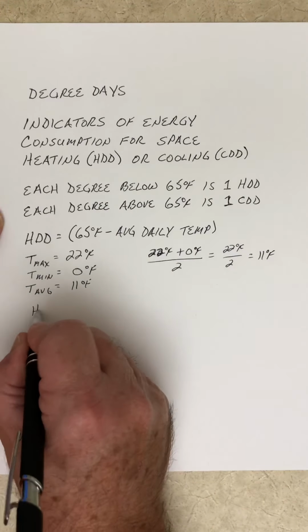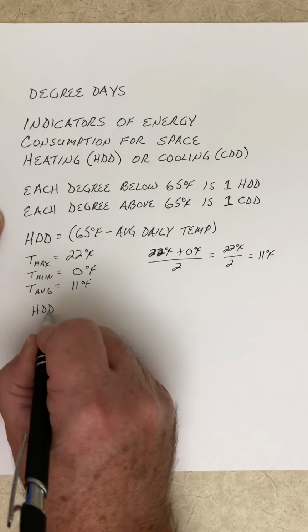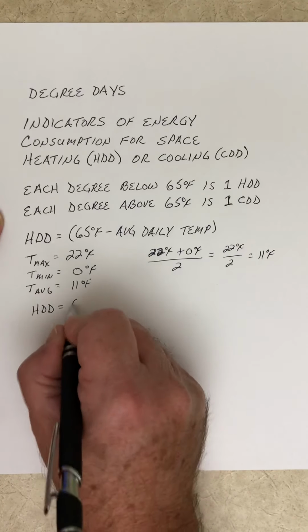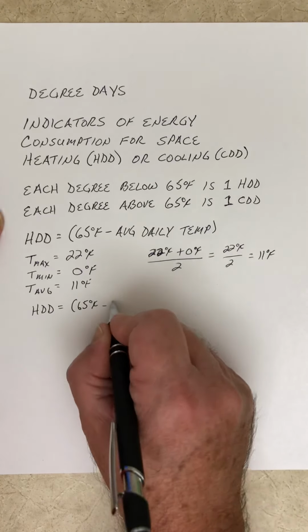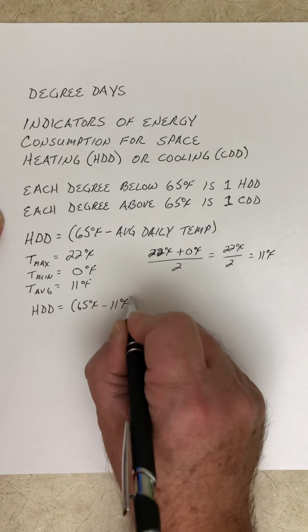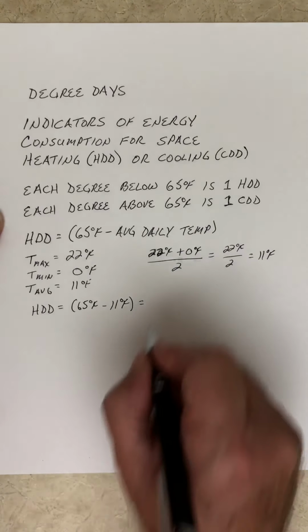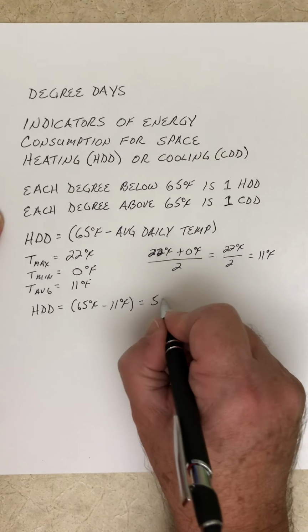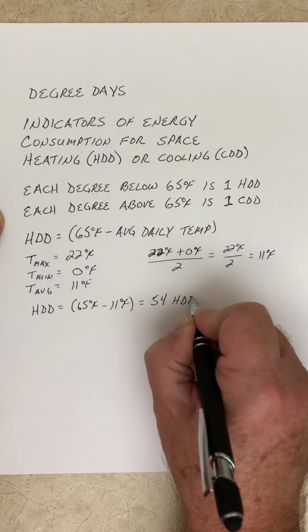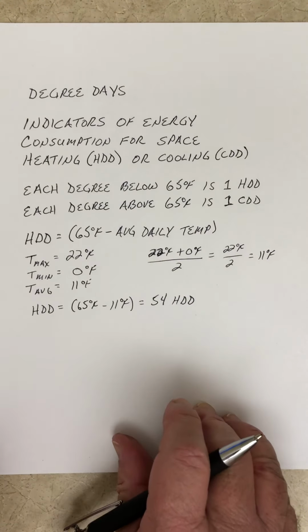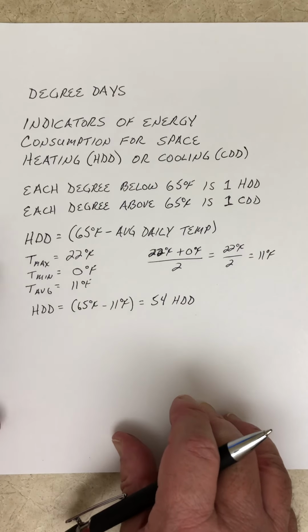So the number of heating degree days accumulated on this particular day will be 65 degrees Fahrenheit minus 11 degrees Fahrenheit. That means there will be a total of 54 heating degree days accumulated on this particular day.